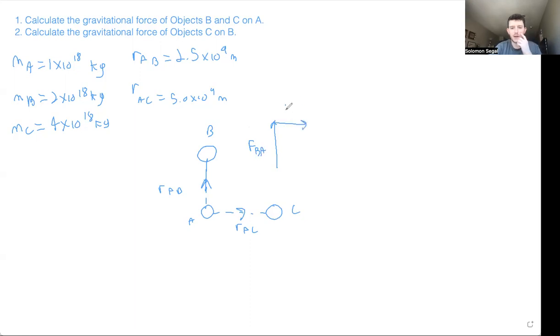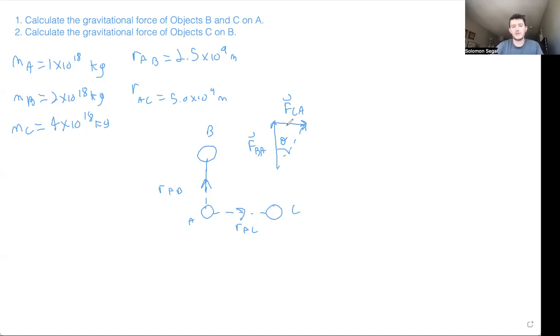Again, these are not to scale. F of C on A. And so the net force is going to be somewhere in this direction with some theta, all right? So that's cool.